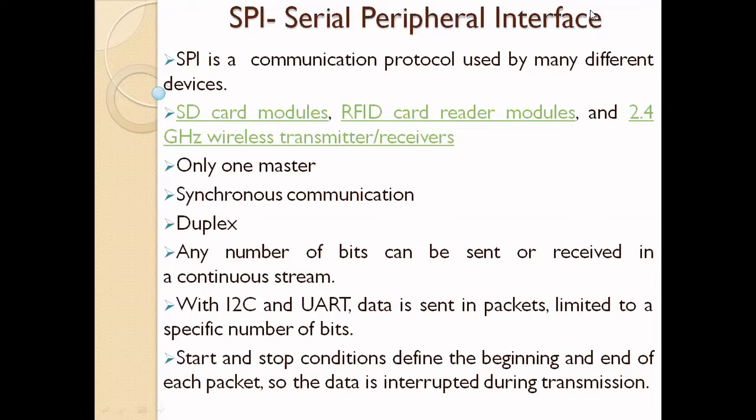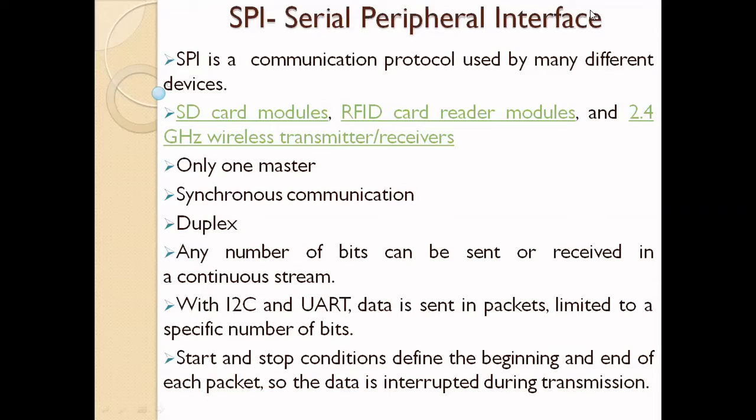In half duplex, when we are sending data from device 1 to device 2, we cannot send data from device 2 to device 1. But in full duplex, continuously we can send data from device 1 to device 2 and device 2 to device 1.